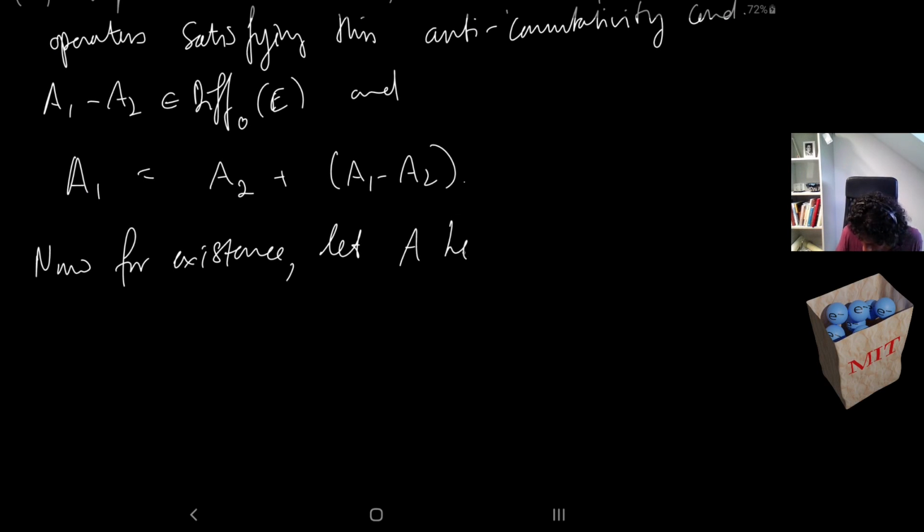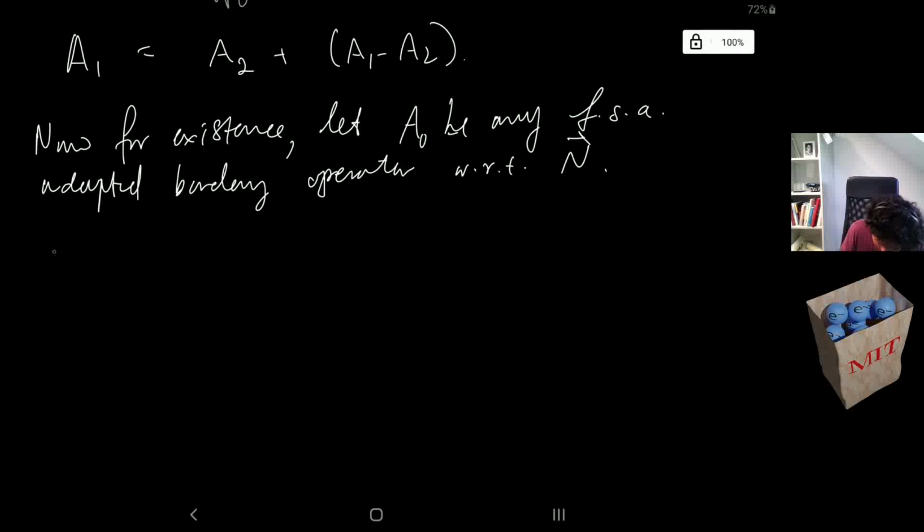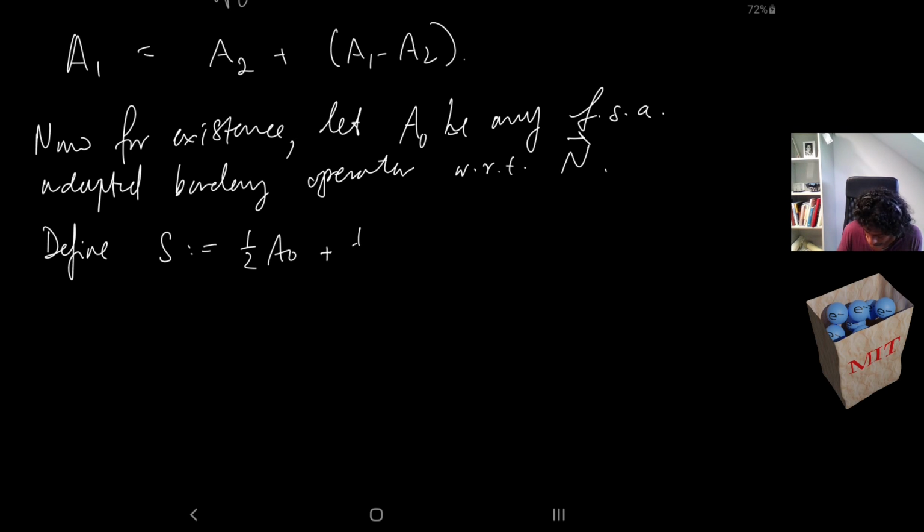let A_0 be any formally self-adjoint adapted boundary operator with respect to N. Then define S equal to half of A_0 plus this.